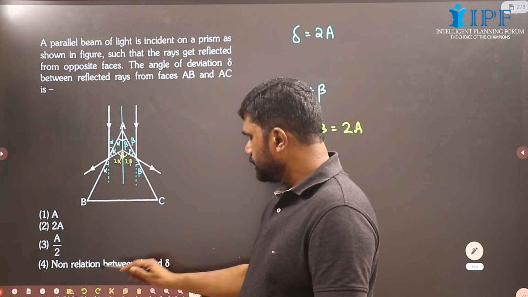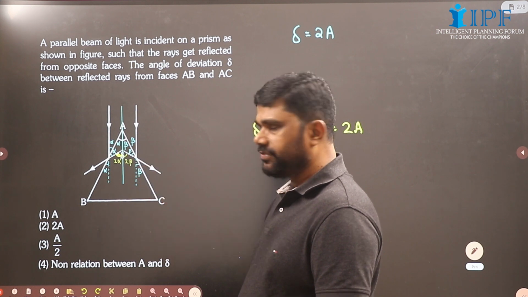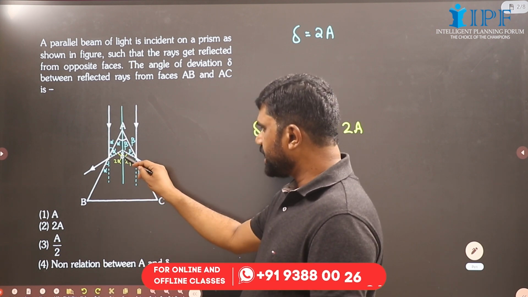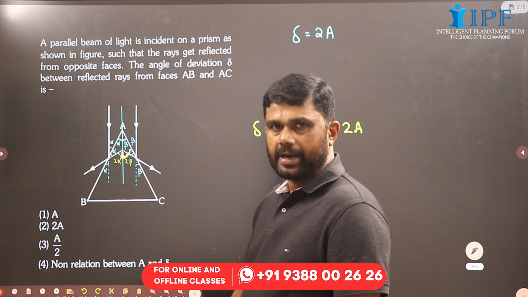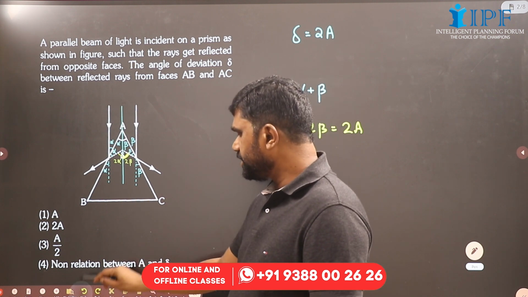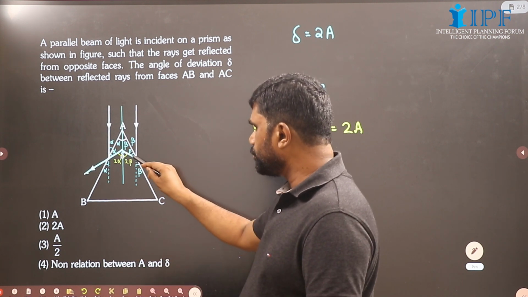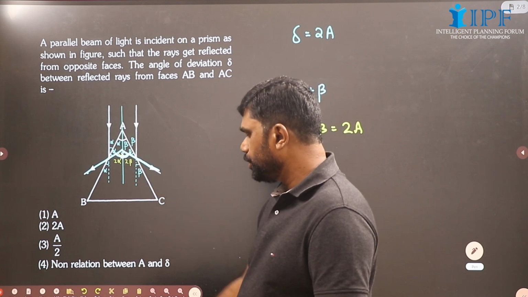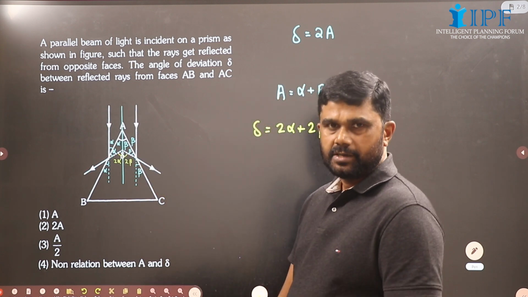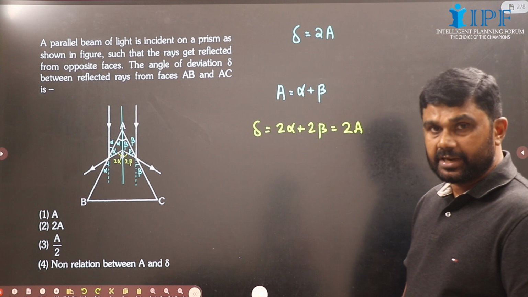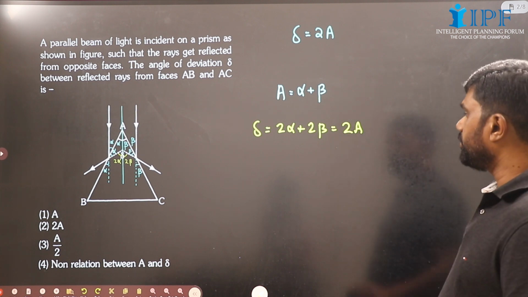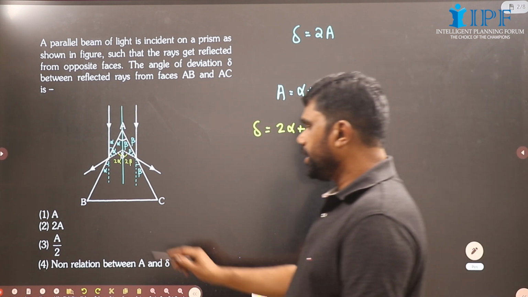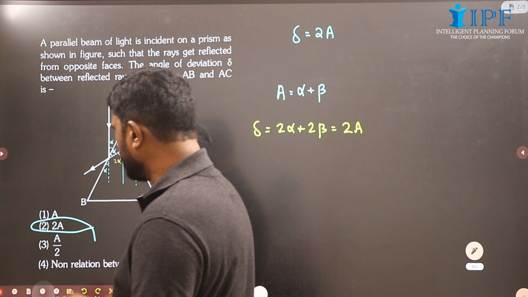So we get 2 alpha. Similarly on this side, this will be 2 beta. This is the angle between the two reflected rays and it is equal to 2 into alpha plus beta. Alpha plus beta is capital A, so it will be 2A. So this must be the correct option.